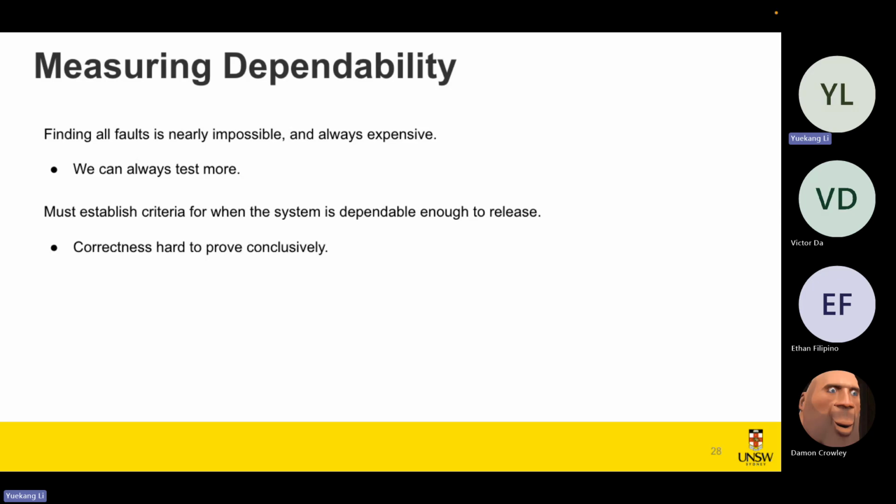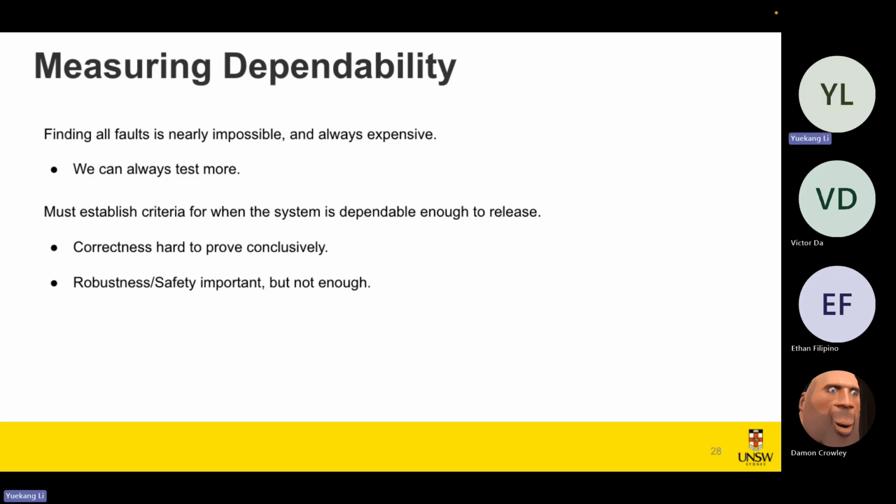Correctness is actually hard to prove because, as we learned in our second lecture, we can use formal verification techniques to prove that software aligns with the specification. But that involves an expert doing the proving manually, so it could be very hard to prove correctness. So let's not use correctness here.